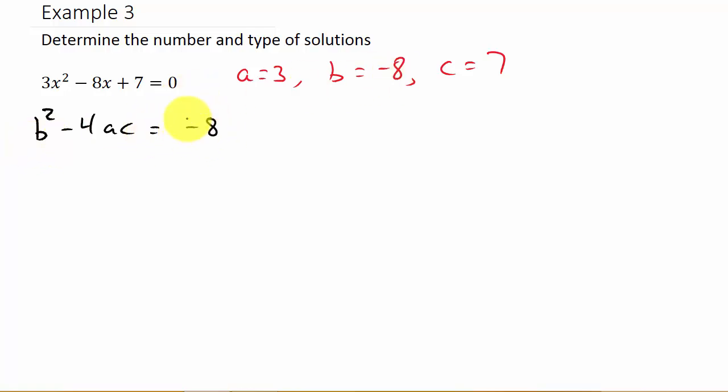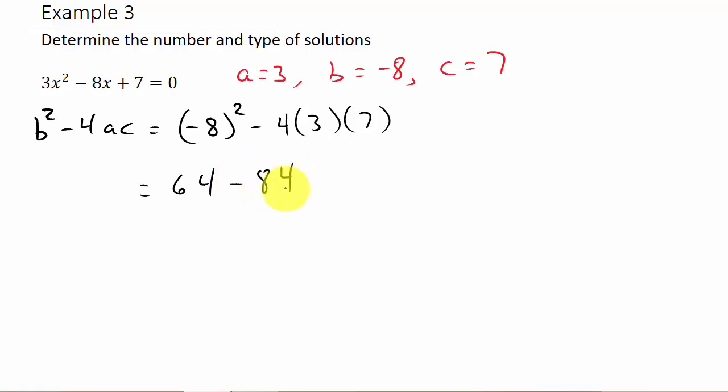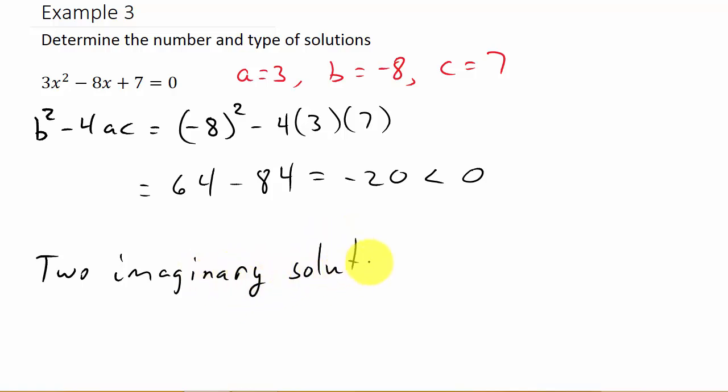I get negative 8 squared minus 4 times a times c, and that is going to be 64 minus, 28 times 3, minus 84, which is going to give me negative 20. And negative 20 is less than 0, so that means I will have two imaginary solutions.